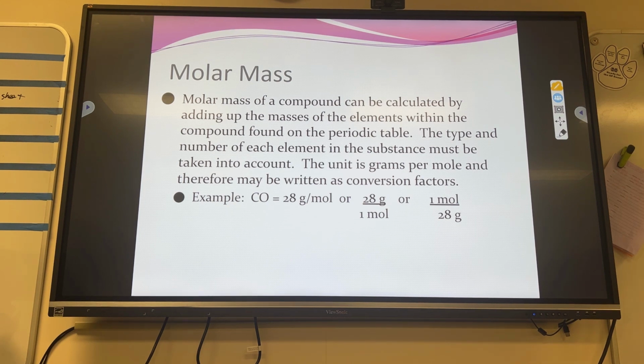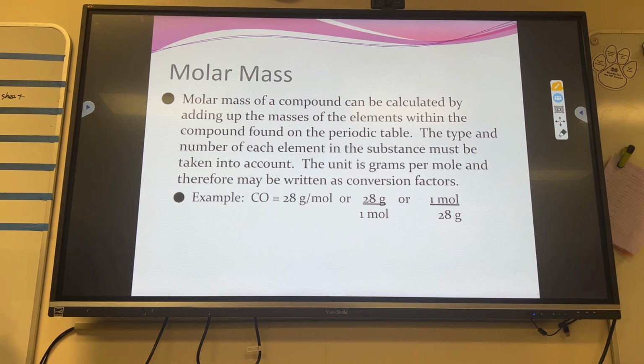So what's the average atomic mass of copper? Look on your periodic table. 63.54 or whatever. So I know if this really is 1 mole of copper, I know the mass of this bar is 63.546 grams.